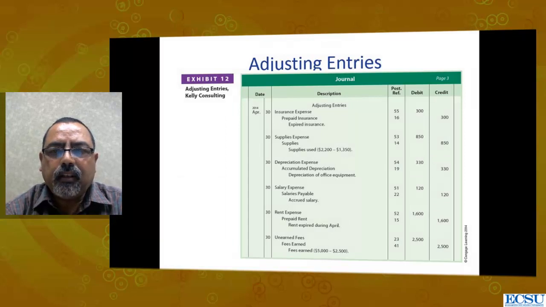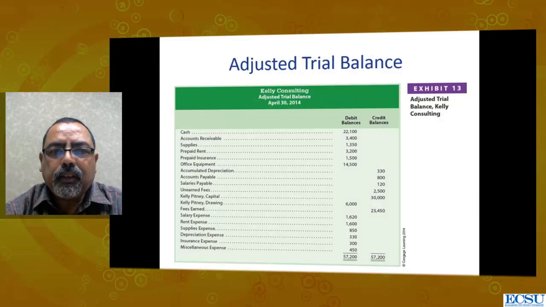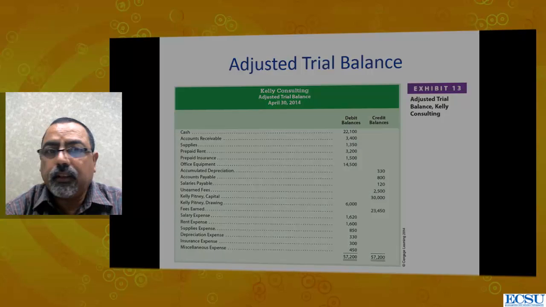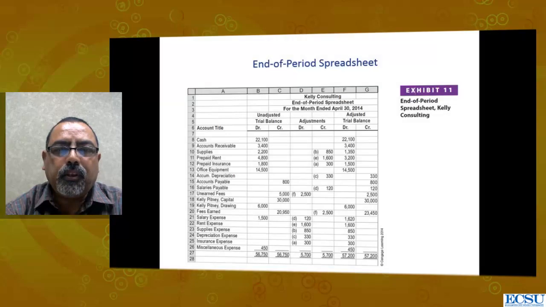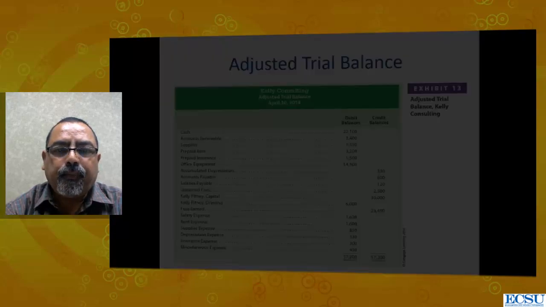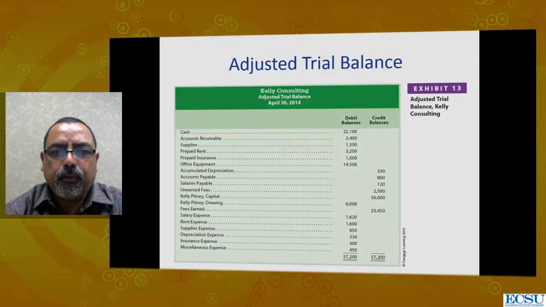Once we have done that, we do the adjusting entries. Now, as you know, once we complete the adjusting entries, you've got to remember to go back to the ledgers and post them into the ledger accounts.